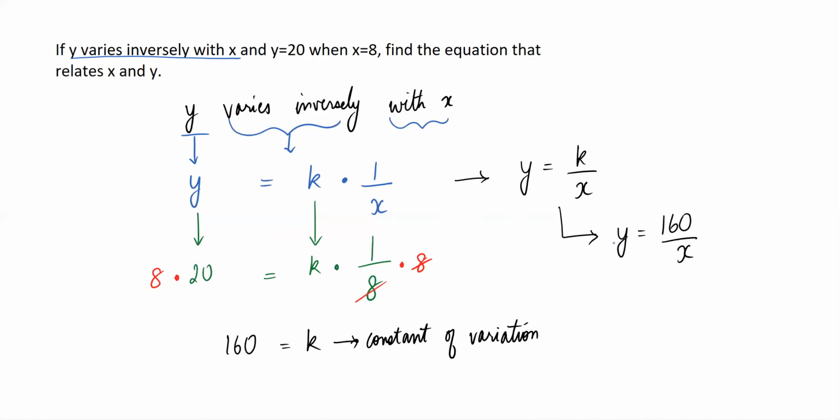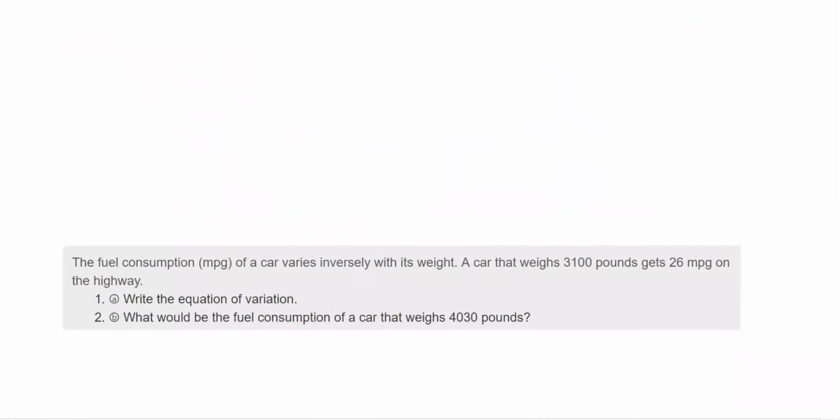And that is how it varies inversely. So when we write our answer, we don't want to write the k and the x separately, so we shove them together, top and bottom, so it becomes 160 over x. But for translating it word by word, you can see that it's easier when you try to separate it like this. Henceforth, for the next problem, we will just try to shove them together.